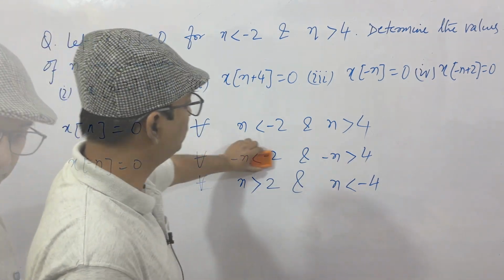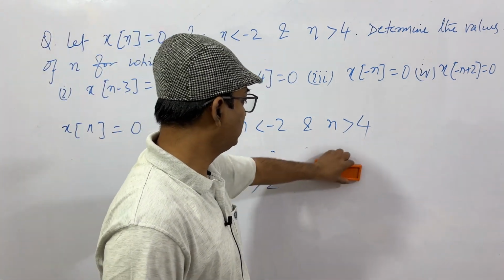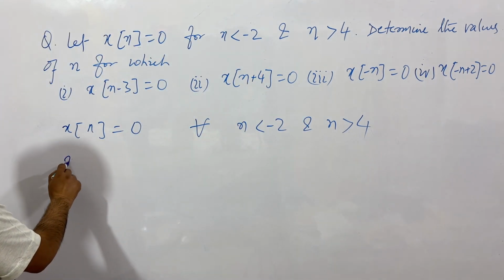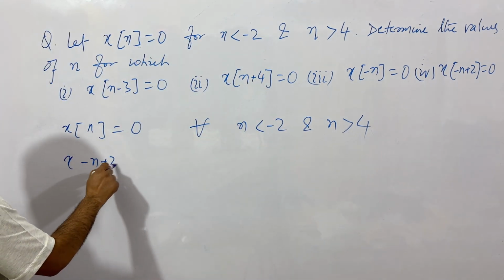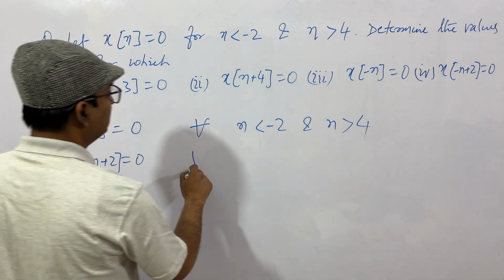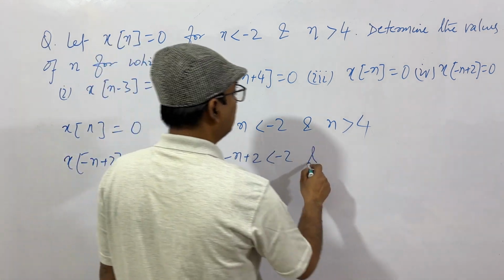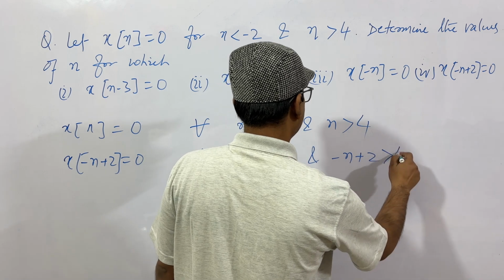Let's do one more example so that everything is clear. Next is x[minus n plus 2]. This will be 0 for minus n plus 2 less than minus 2 and minus n plus 2 greater than 4.